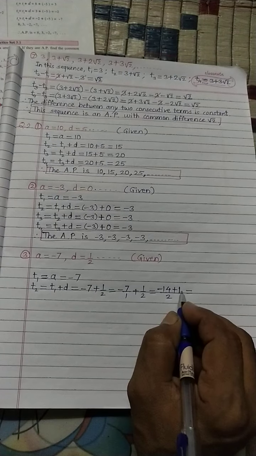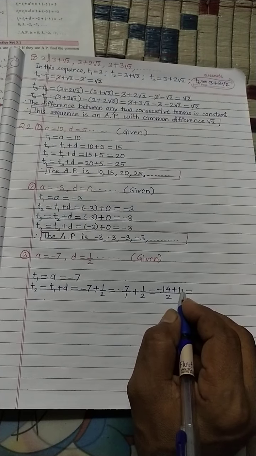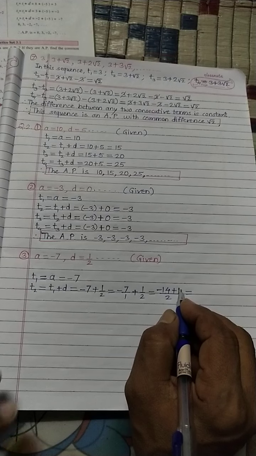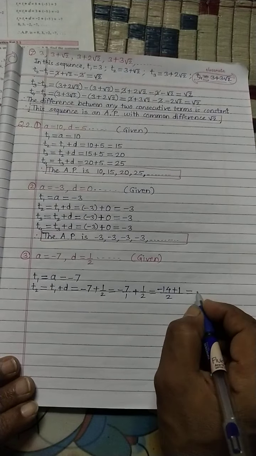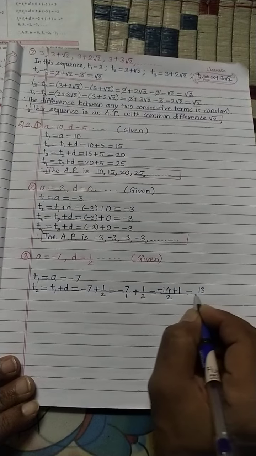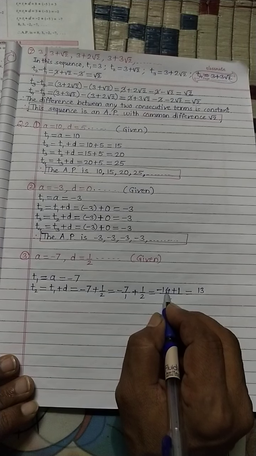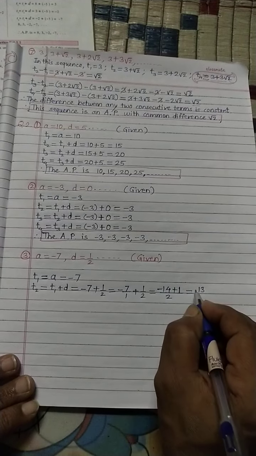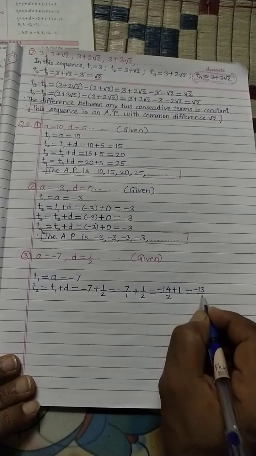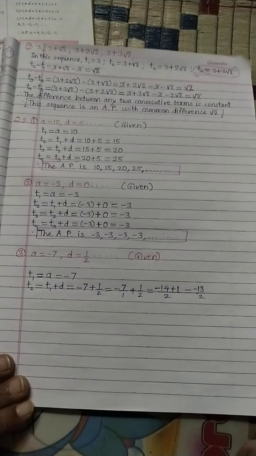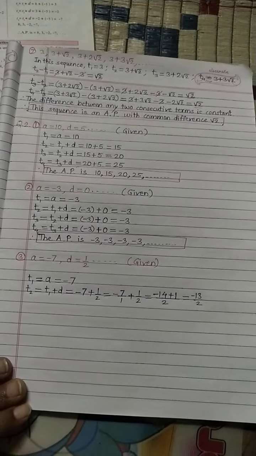So 14 minus 1 is 13, and sign of bigger number is 14 and its sign is minus, so here minus 13 upon 2.